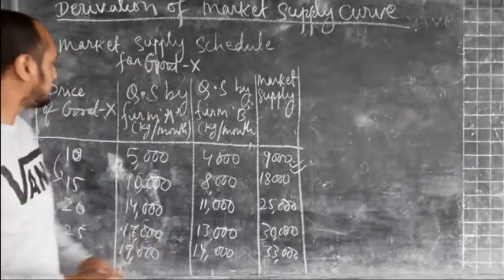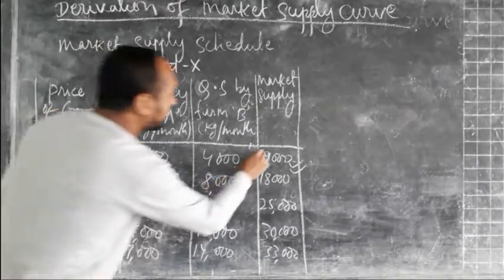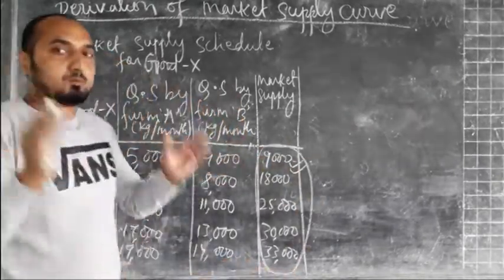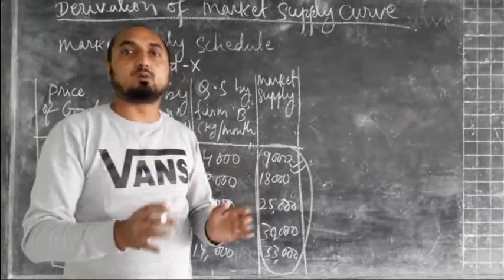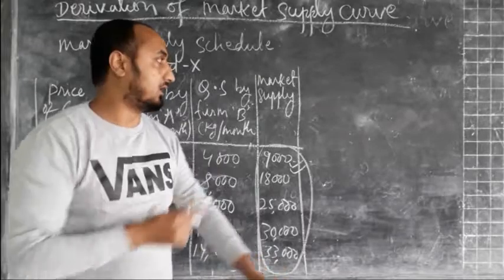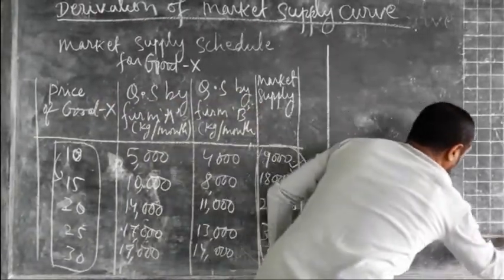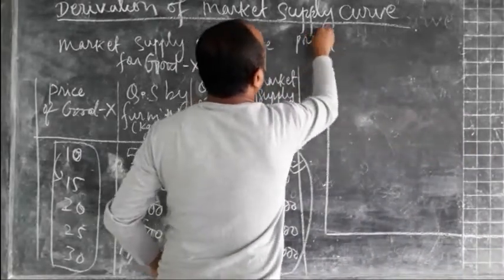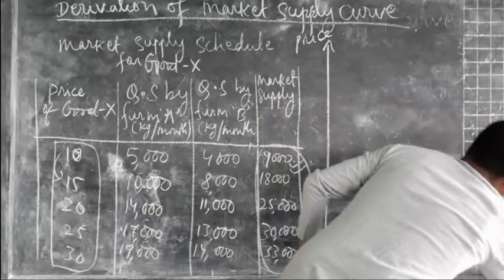Now on the basis of this price and this market supply, we will plot a graph, and whatever the shape of the curve we get, that will be our market supply curve. Now let us take two axes, price axis and quantity supply.